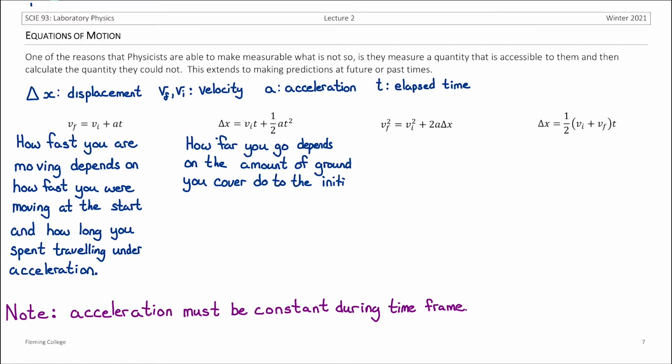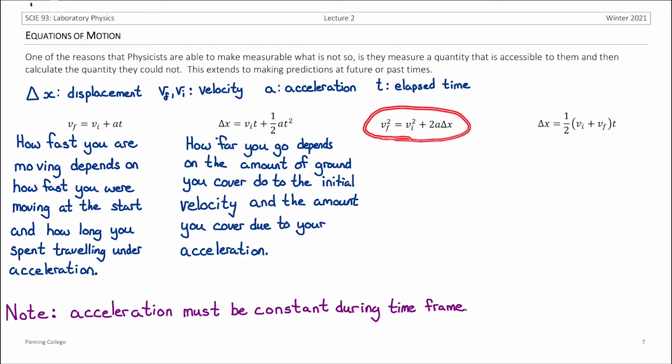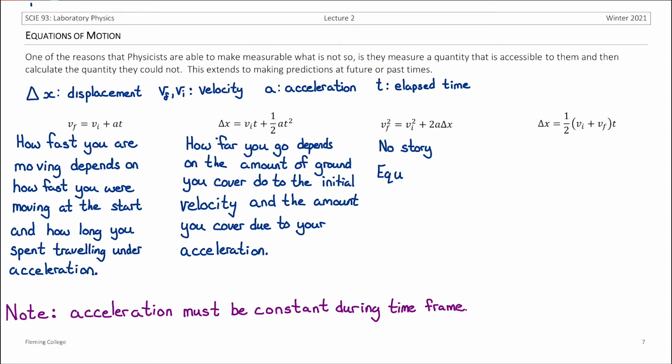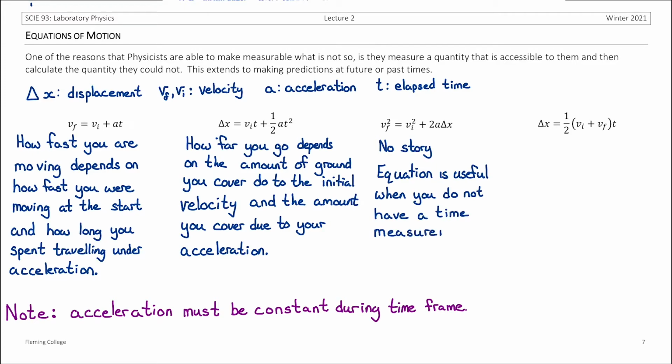For the third equation, it's actually quite difficult to tell a relevant story because we don't have a solid perception of what a squared velocity would represent. But you can note that this equation is quite useful when you don't have a time measurement.